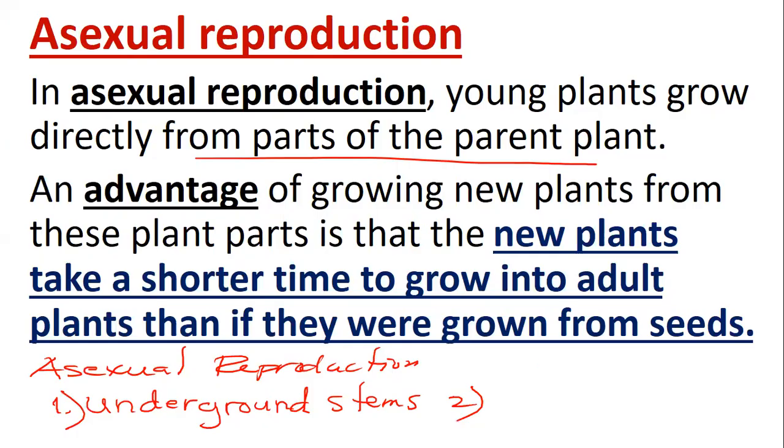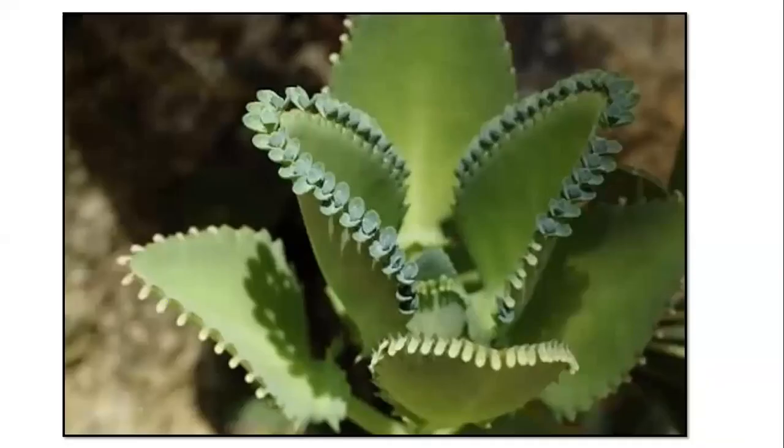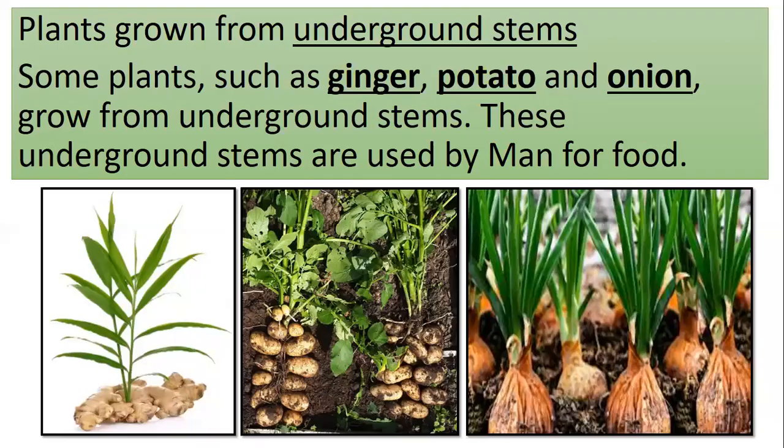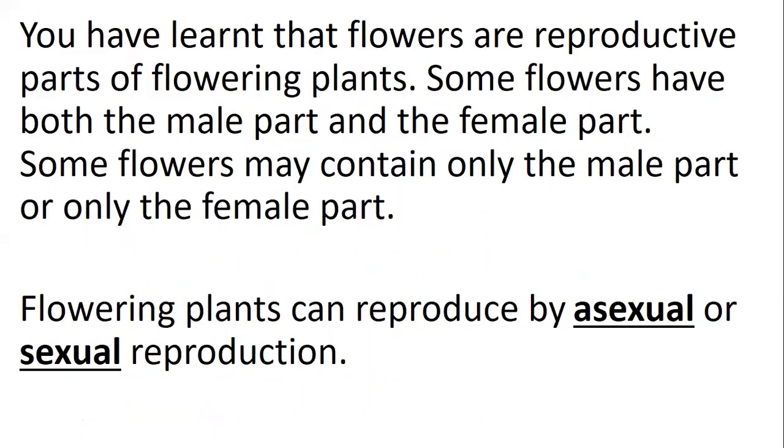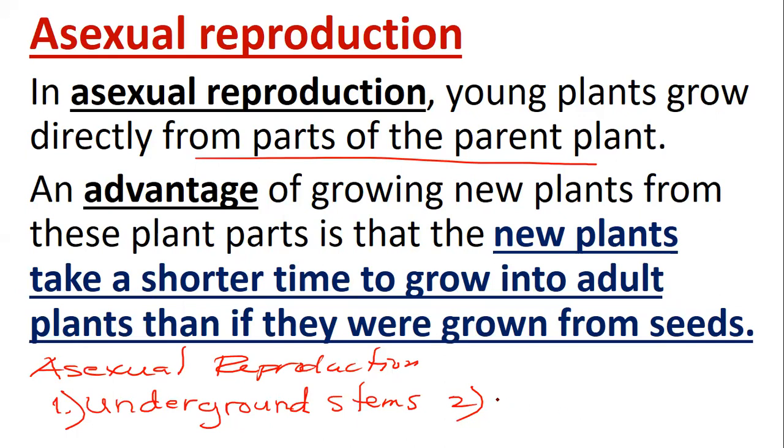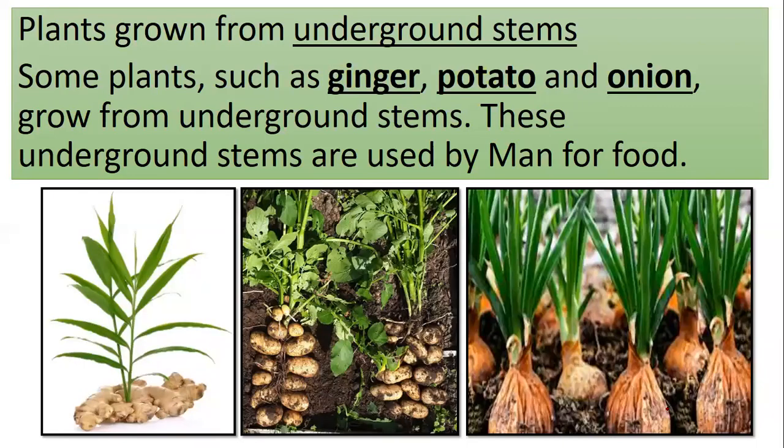Lucas answered this one last week. Number two, plants grown from the leaves. You have copied, right? I asked you to write this one. And number three, from the suckers. Okay? So we are finished with this one.